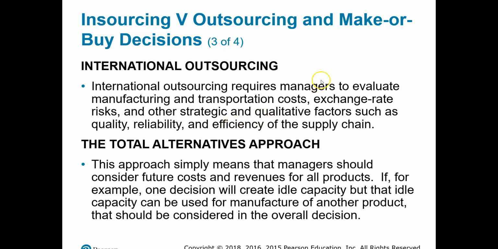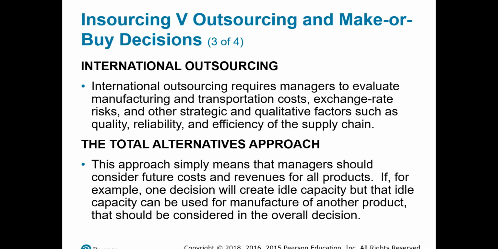Now, international outsourcing requires managers to evaluate manufacturing and transportation costs, exchange rates, the quality, reliability and efficiency of the supply chain, and again, the theft of intellectual property. That's probably one of the biggest things we have to look for in international outsourcing.